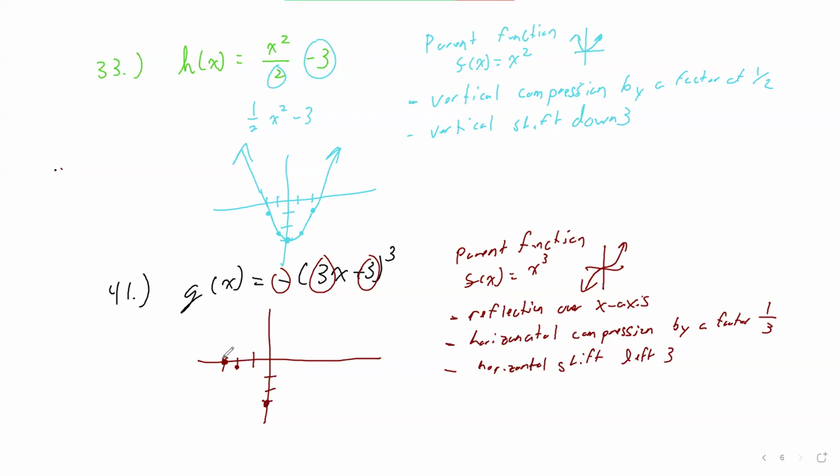I get a function that looks something like this. So then I'll go a third up. And then 1, 2, 3, 1, 2, 3, and then 2, 3. So it'd be roughly something like this is your best ability, right? So it gives you that reflection over the x-axis and everything.